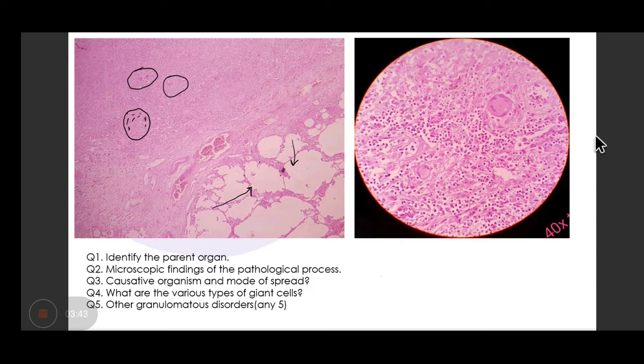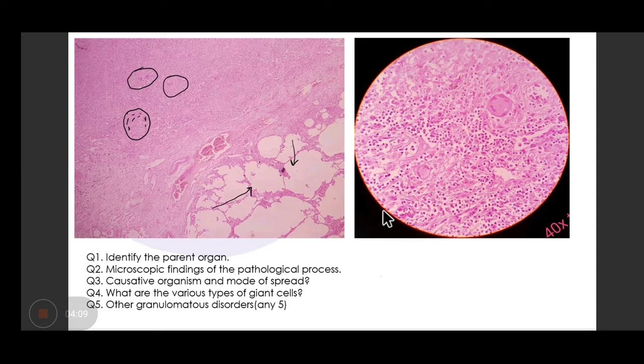Can anybody tell me? Pathological giant cells are foreign body giant cells, Touton type of giant cells. Your Touton type of giant cells are seen in xanthomas. Reed-Sternberg cells are not giant cells really.